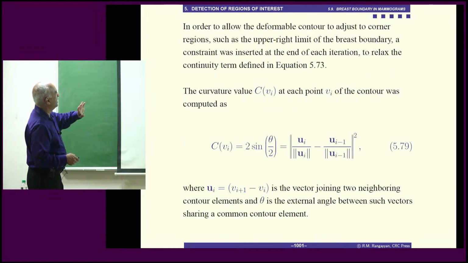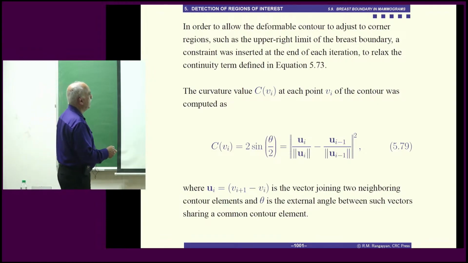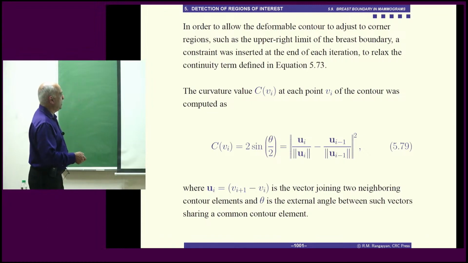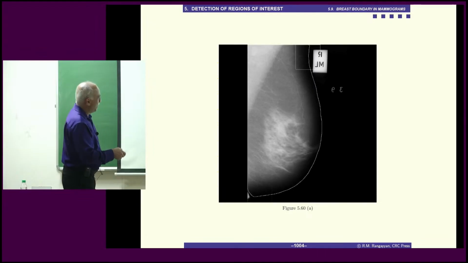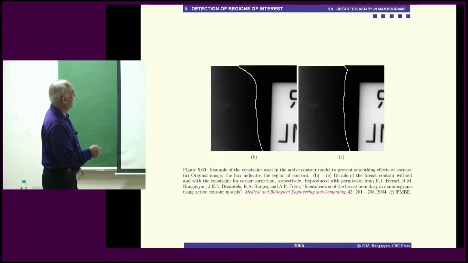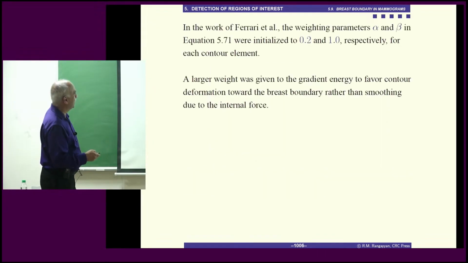I'll skip some of these definitions. The curvature at each point is obtained using these vectors joining two neighboring contour elements, Vi plus 1 and so on. So we get this contour, and it is keeping these objects out.